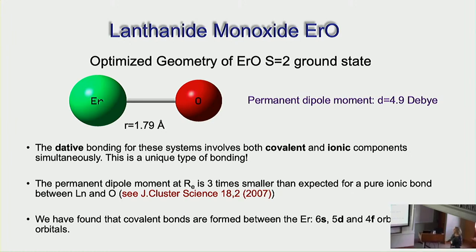So our calculation shows it's a unique kind of bonding, probably as in the previous molecule. Dative bonding, both covalent and ionic, but here it's actually much stronger on the covalent part.